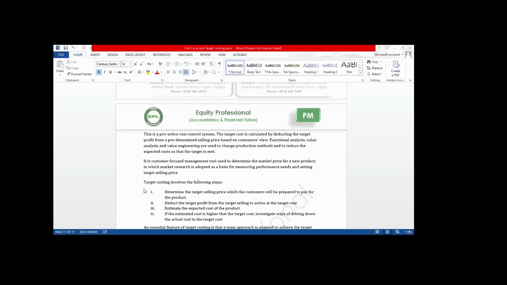For target costing, the company is trying to ask the opinion of the consumers.